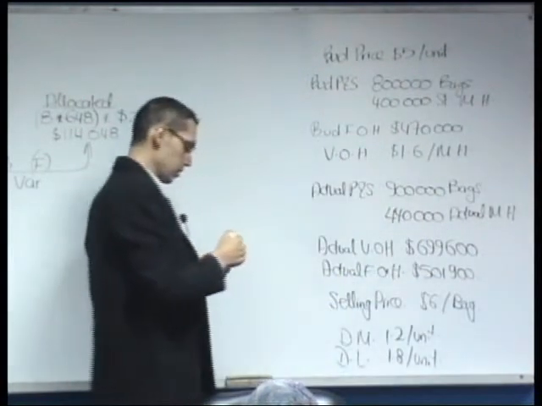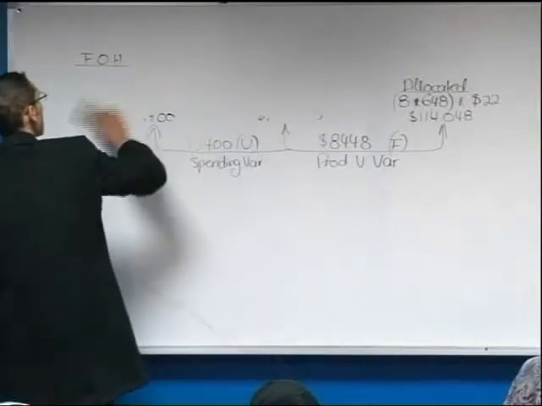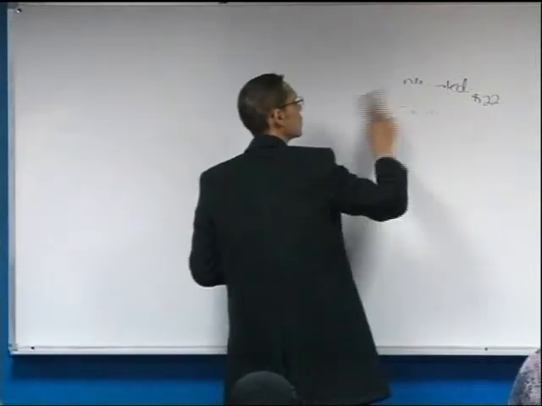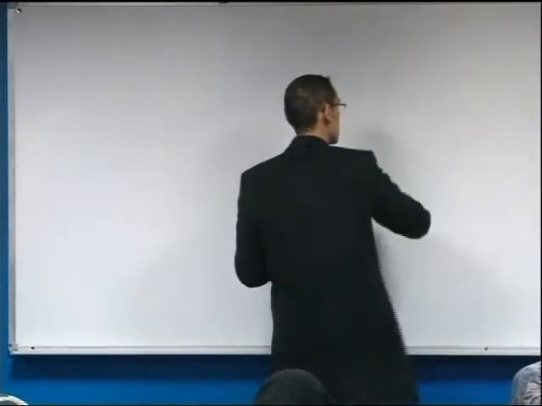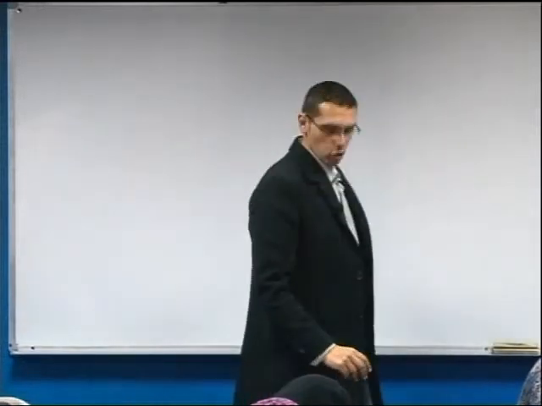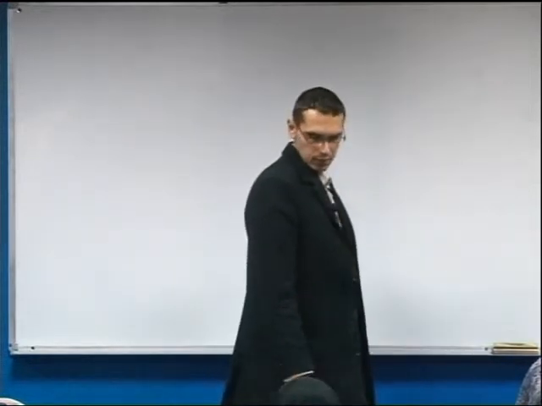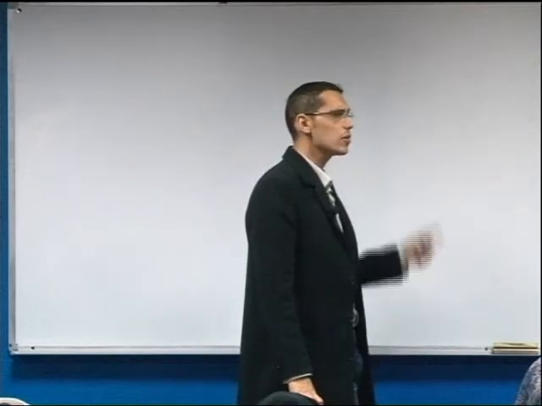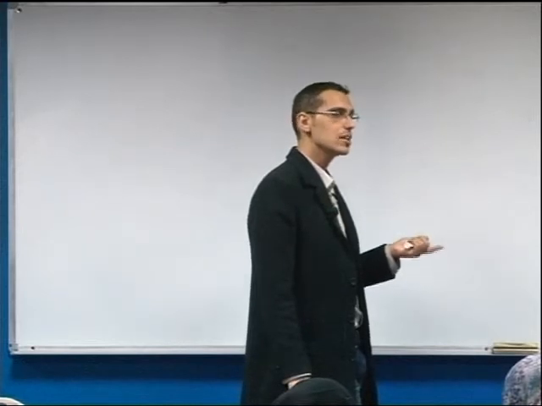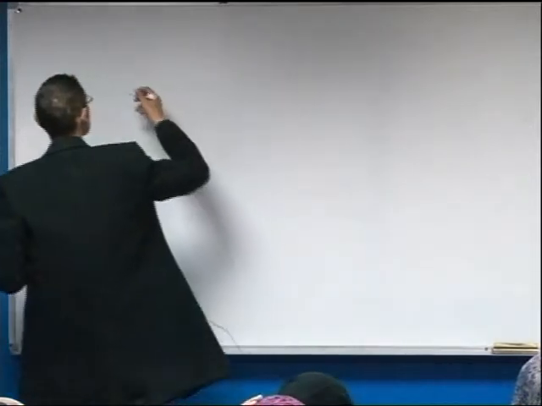Required one. Calculate the variable overhead and fixed overhead variances, spending, efficiency, and volume. Therefore, we need to calculate the fixed overhead and the variable overhead variances. We need to compare the actual with the actual quantity multiplied by the budgeted price and the flexible budget amount for the variable manufacturing overhead.